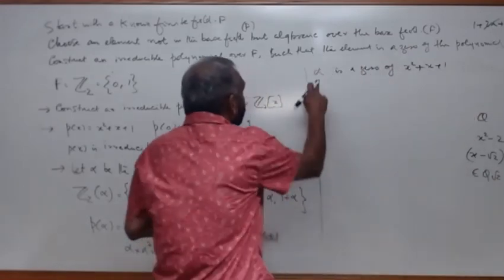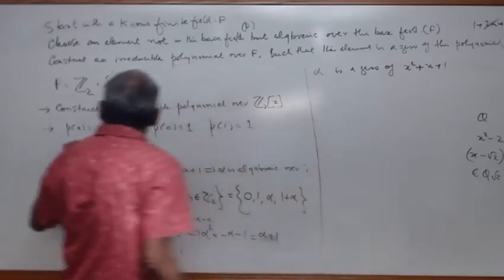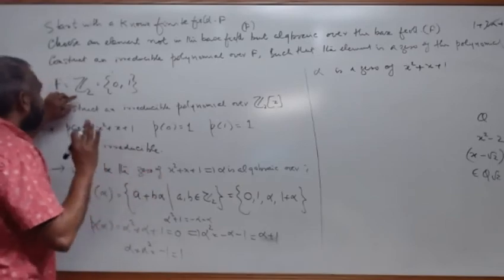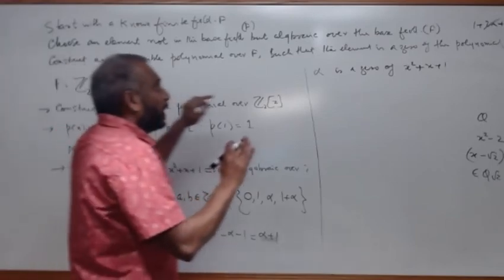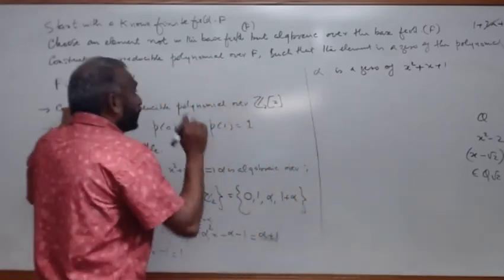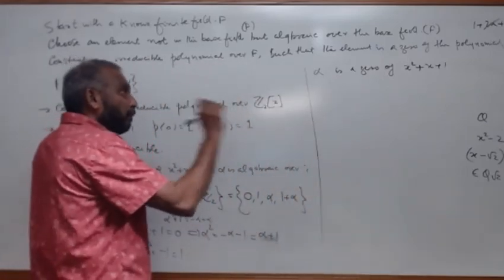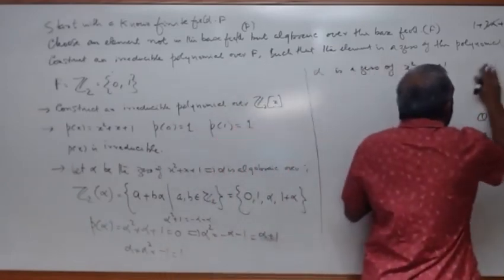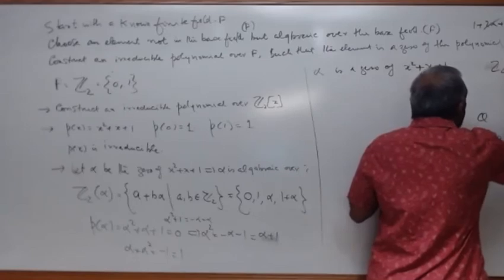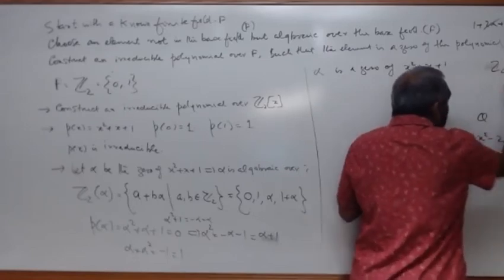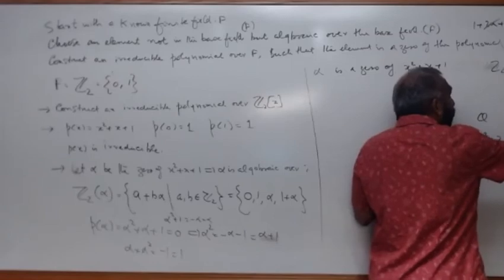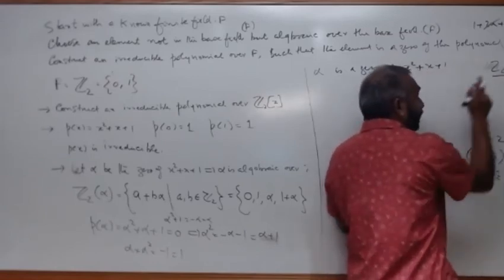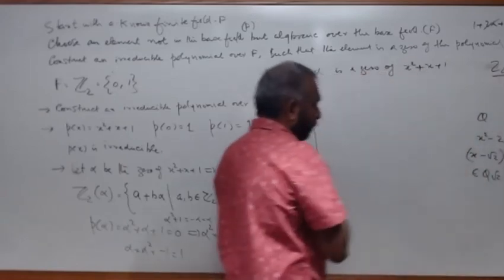So we cannot factorize within Z2 of x, but we can definitely factorize this over Z2 of alpha of x. This means a polynomial over x with coefficients from Z2 of alpha.